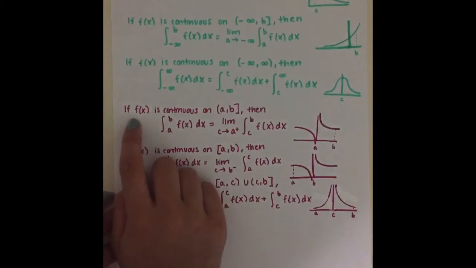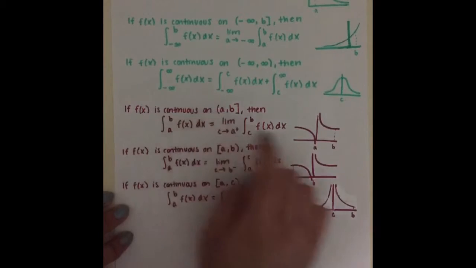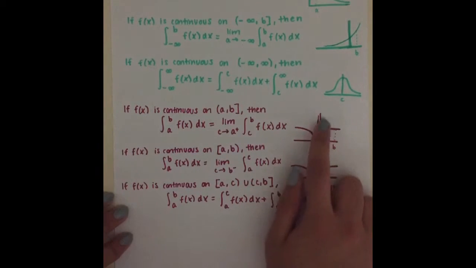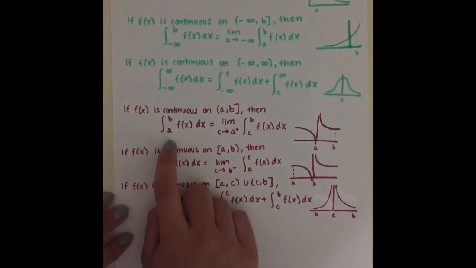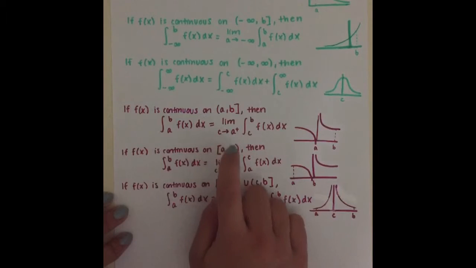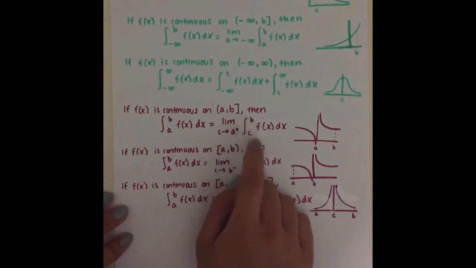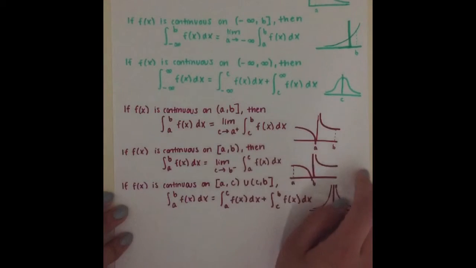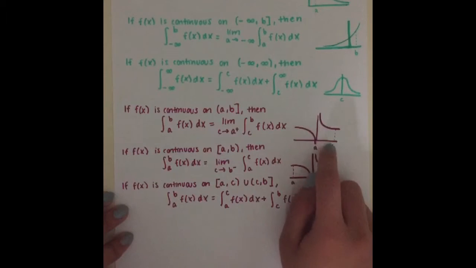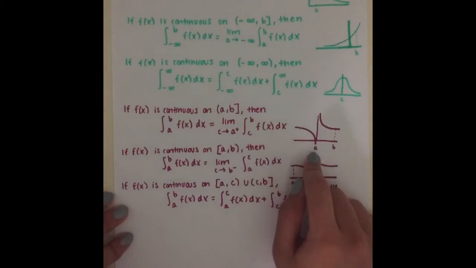So, in the first case, if f of x is continuous on the interval from a to b, a not inclusive, as you can see, then the integral from a to b of the function is equal to the limit as c approaches a from the right of the integral from c to b of the function. So we are trying to find this area, and a does not actually exist.